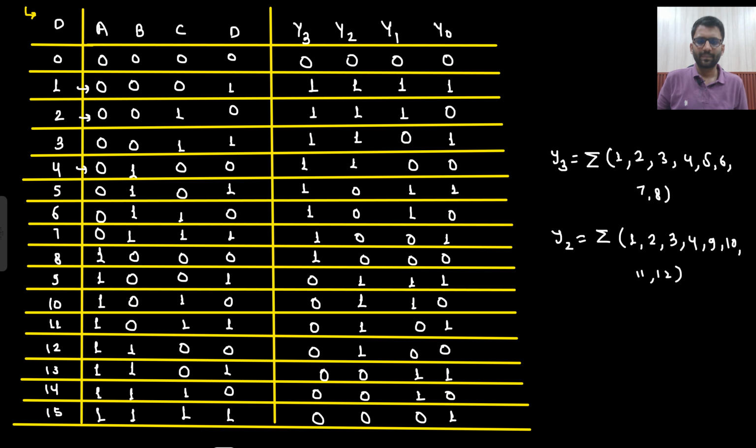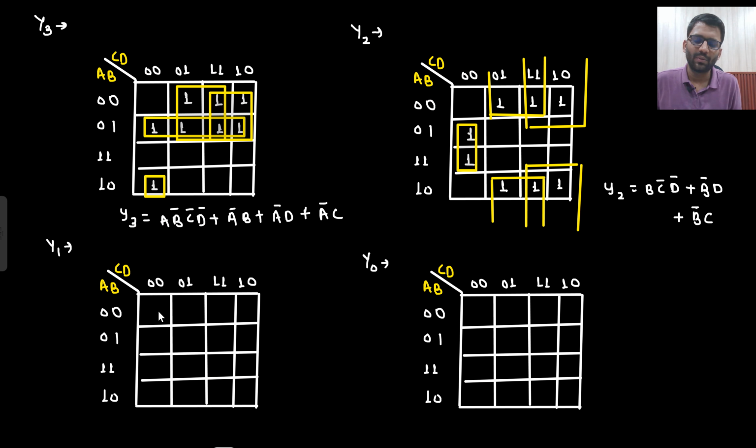What about Y1? So 0, 1, 2, 3, 4, 5, 6, 7, 8, 9, 10, 11, 12, 13, 14. Does something click to you? 0, 1, 2, 3. Next is 2, 3.